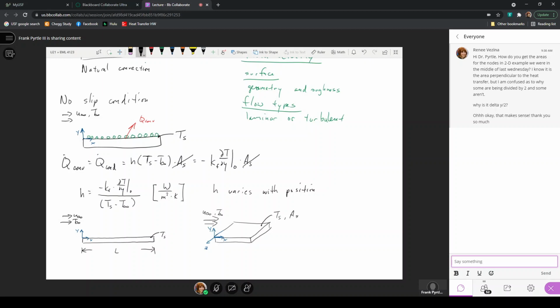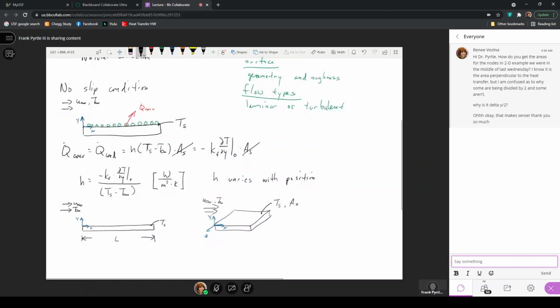When a single value of the heat transfer coefficient is given, whether we're only considering variations in the x or variations here in the x and the z directions over this surface, an average heat transfer coefficient can be defined just by integrating over the area or the length where the heat transfer coefficient is actually varying.